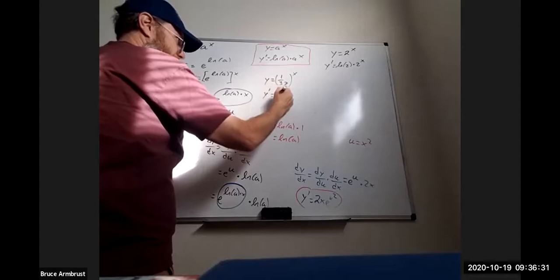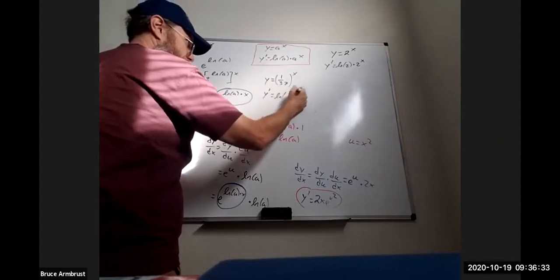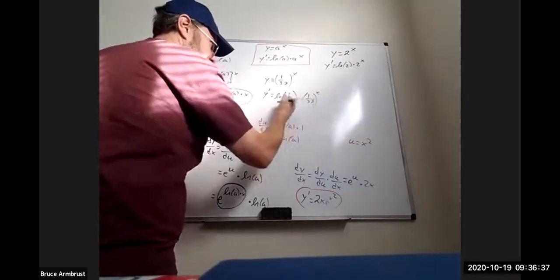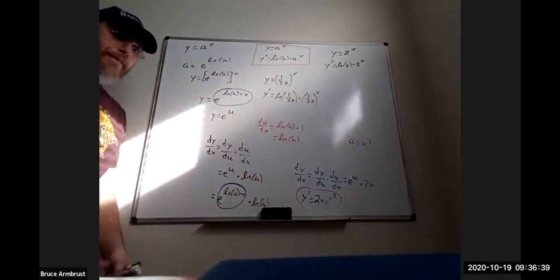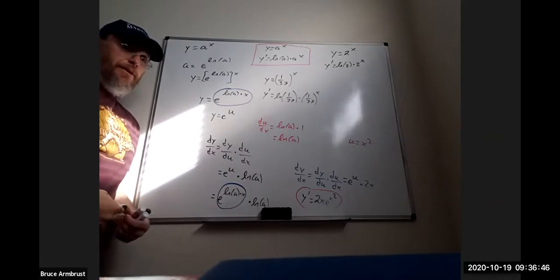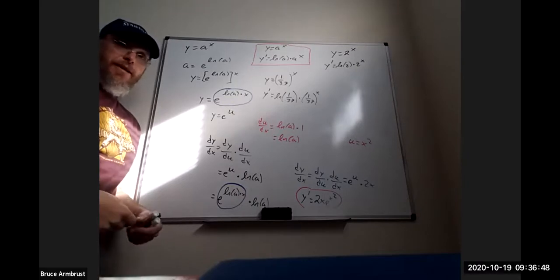Then y prime is the natural log of 1/37 times 1/37 to the x. Like, it literally is that easy.